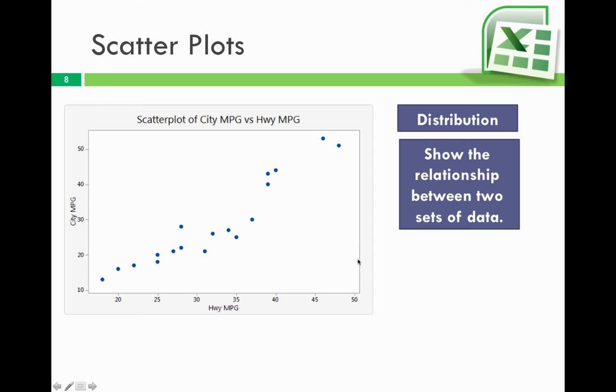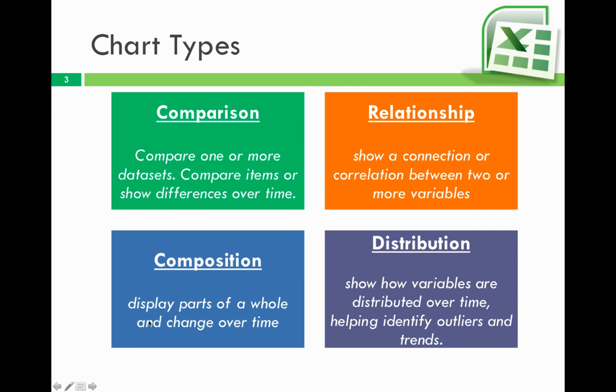So this is called a scatter plot, and it's really great for showing how data from a couple of different data sets distributes itself over the course of time or a scenario. So one of the major questions you need to ask yourself is, what am I trying to do with my graph, right? What is the type of information that I'm trying to show, and what story am I trying to tell about that data?